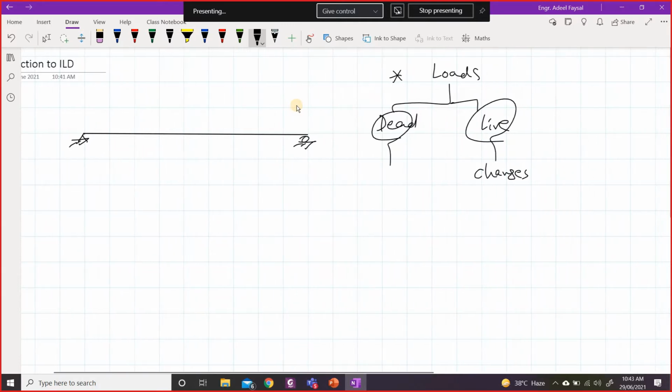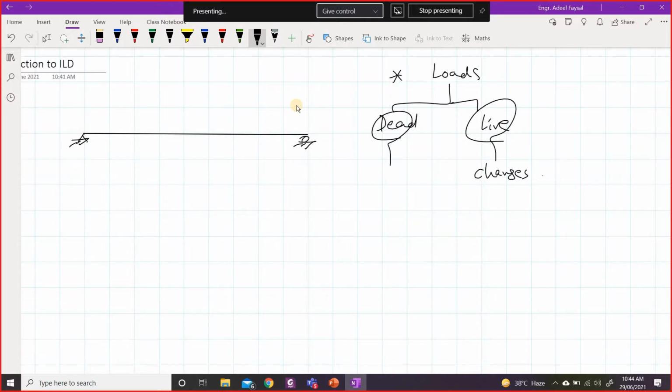with time. Sometimes changes with time doesn't mean it's a dynamic load. It means it is sometimes present, sometimes present in small amounts, sometimes present in large amounts, sometimes completely absent. It's something that varies.